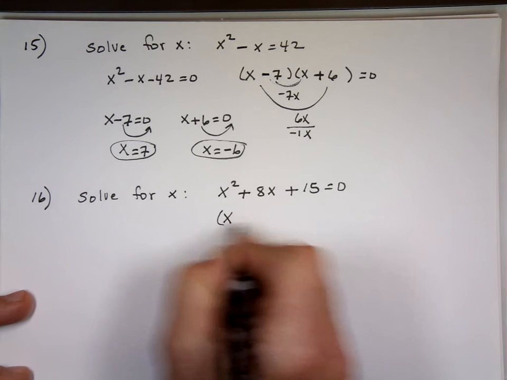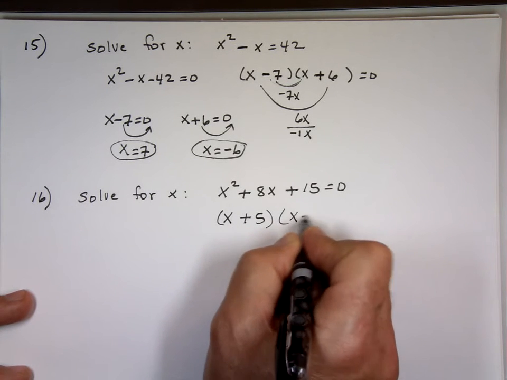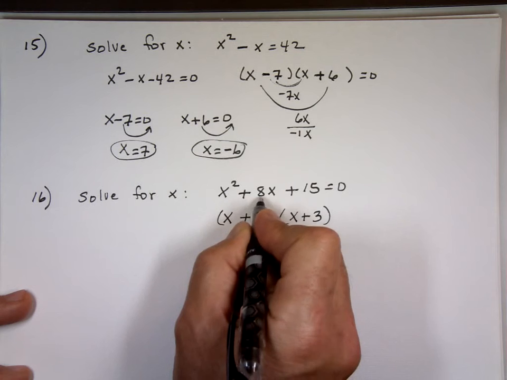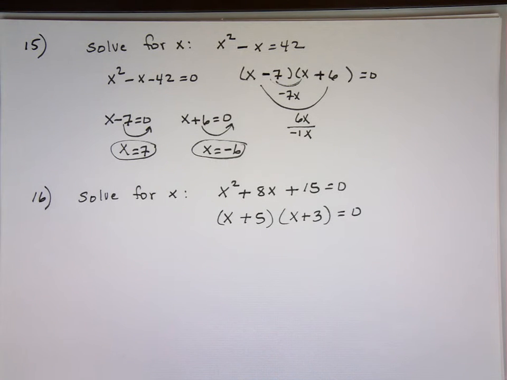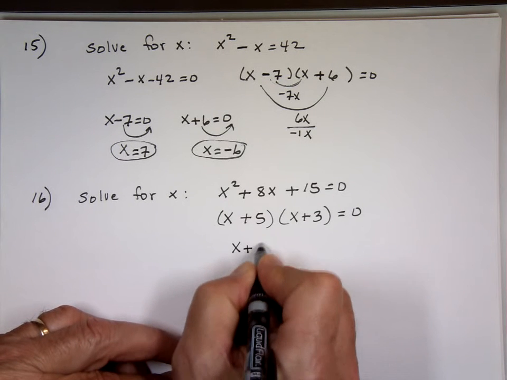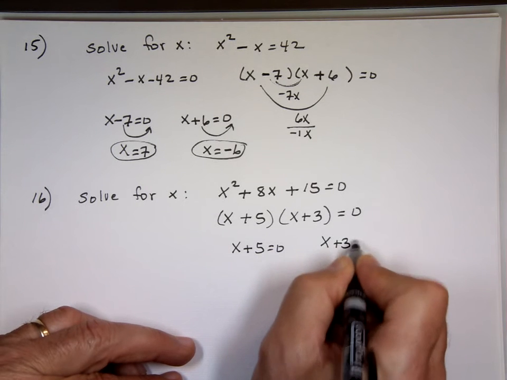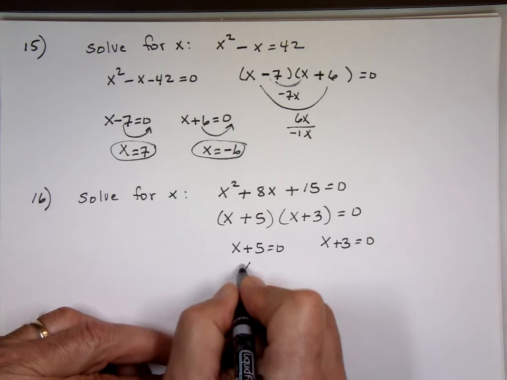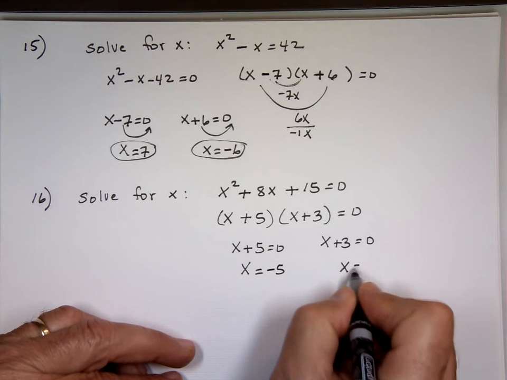X plus 5, x plus 3. That gives me the 8x and the 15. Set each factor equal to 0 and solve it. X equals negative 5. X equals negative 3. Two solutions.